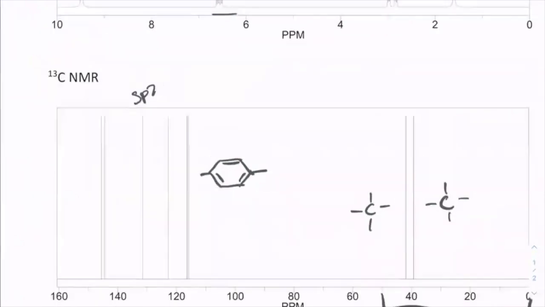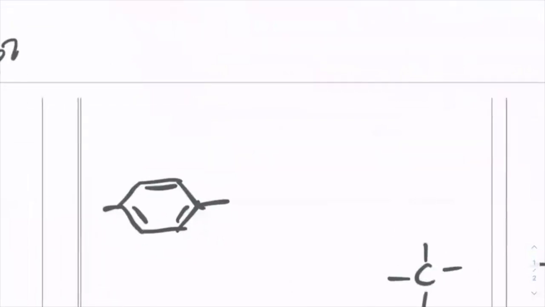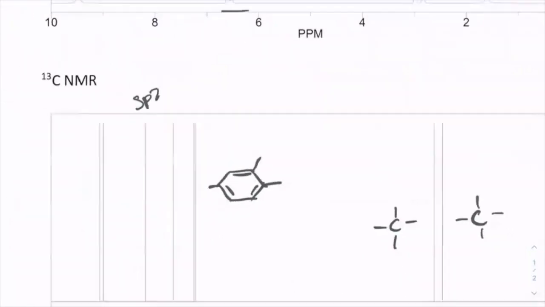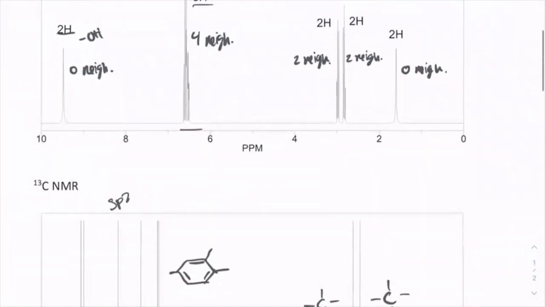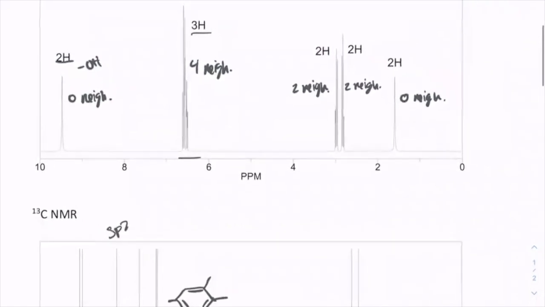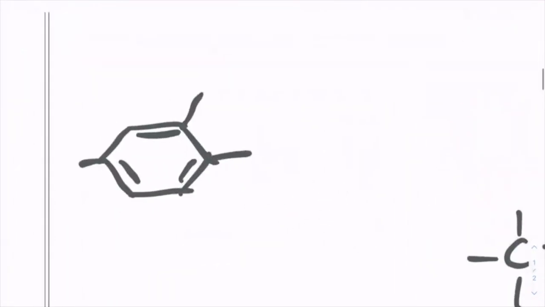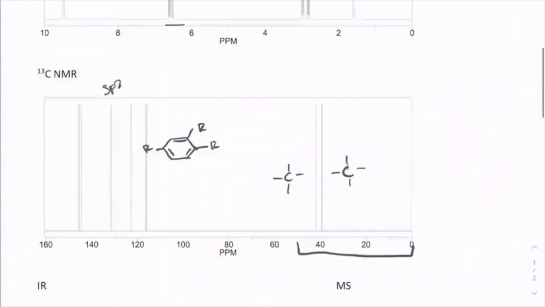That would be 4 hydrogens though. So is it branching off like that somehow? Yeah, I think so. Those are most likely the OH groups. We can come back to it after we analyze the other one, because then we also have to figure out where they branch off on all of these. So let's just move on.